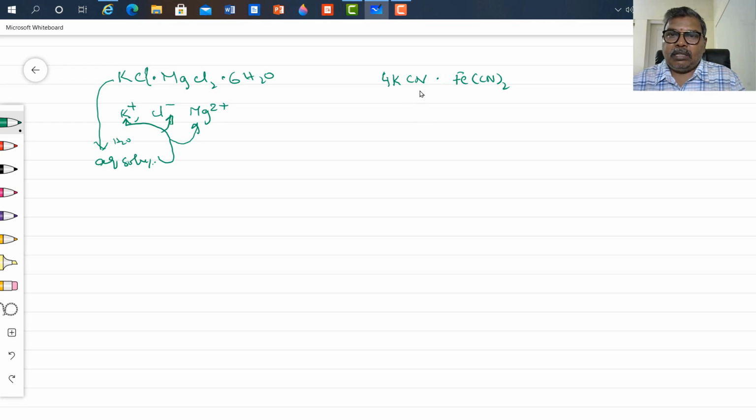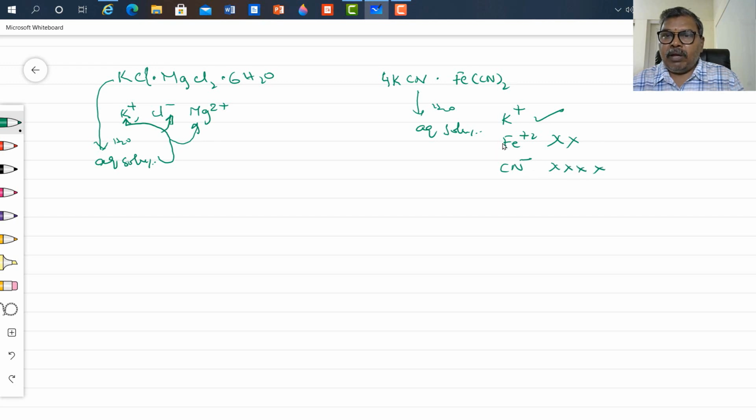They thought that this is also a double salt like carnallite, but if this salt is dissolved in water, that aqueous solution gives the identification test for K plus ion, but fails to give the identification test for Fe2 plus ion and for CN minus ion.